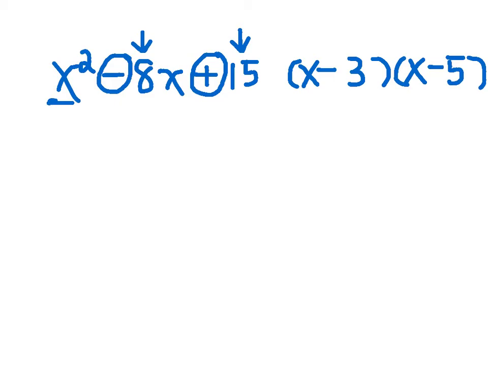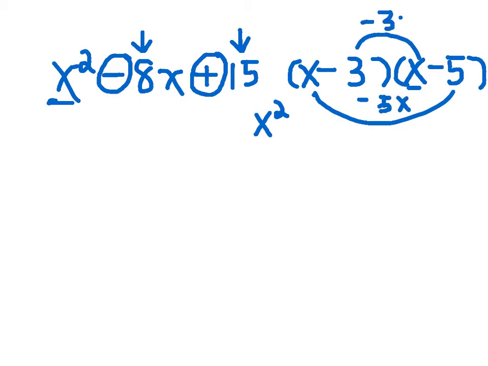Now let's just FOIL it back so you can get the idea. First gives us, as we knew, x squared. The outer is negative 5x, and the inner is negative 3x. When I put those together, I get negative 8x.